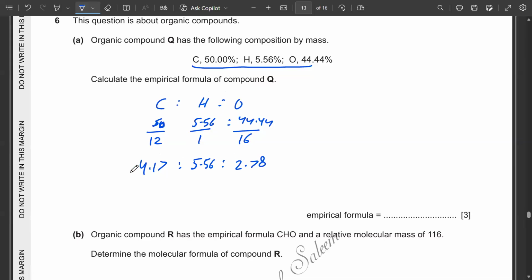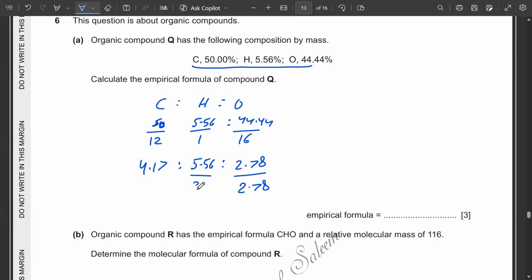Now this is the ratio of the moles of these three elements. Now the next part, we have to find the simplest ratio. For that purpose, divide with the smallest value. The smallest value is 2.78.